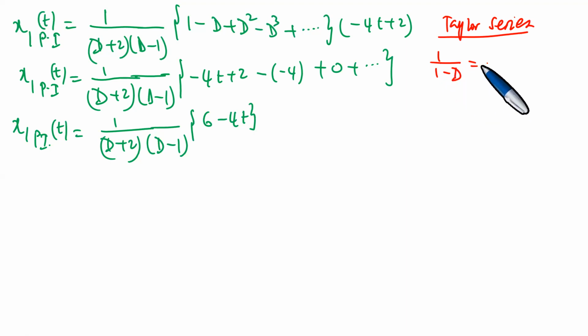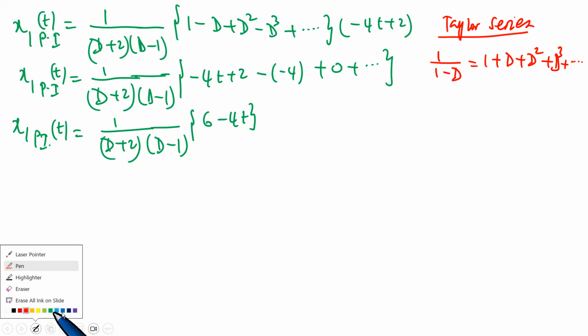It's always 1 first. So it becomes 1 plus d. So now because there's a minus, then every term has a plus in the sum, in the infinite series.